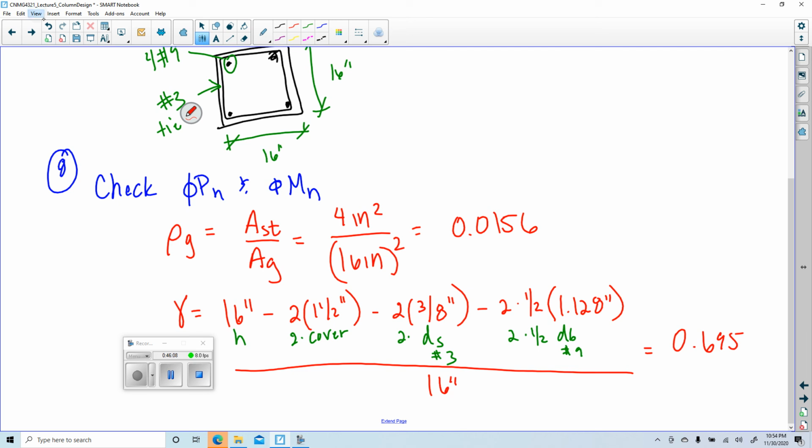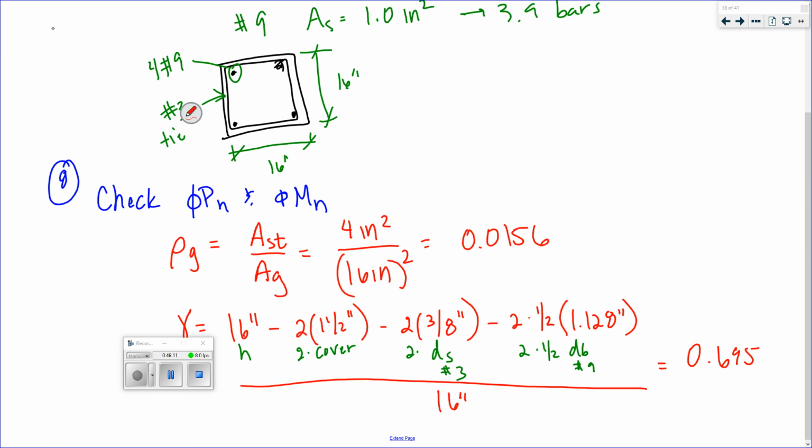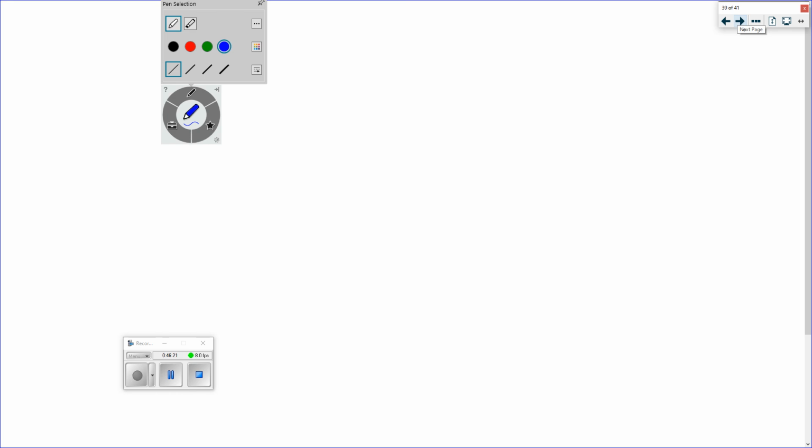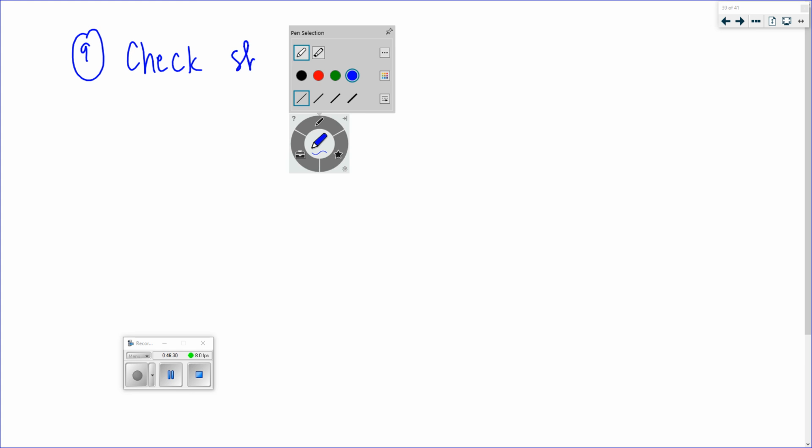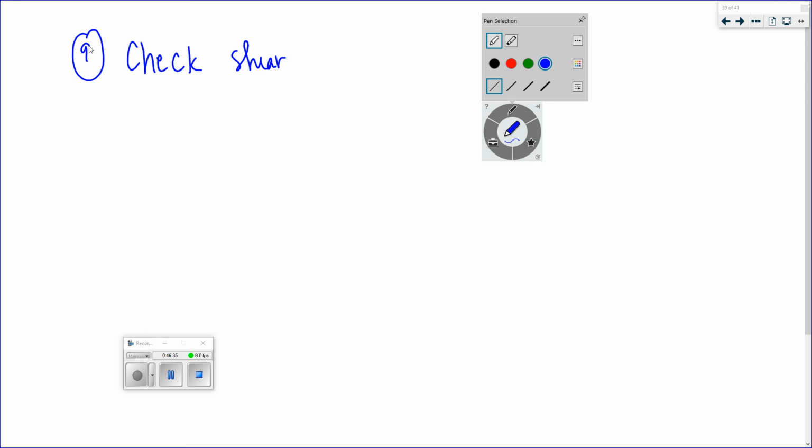Let's do one more thing. We're going to check, what's the last one? All right. Let's check shear. So I said number 3 ties.